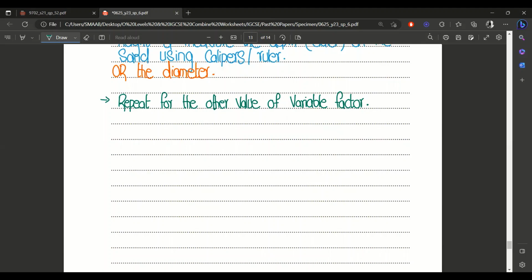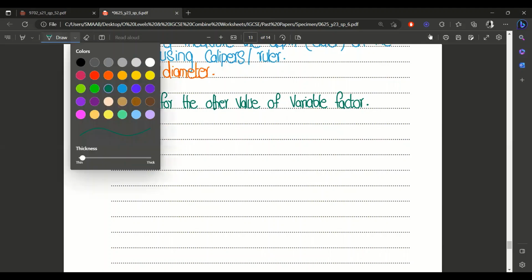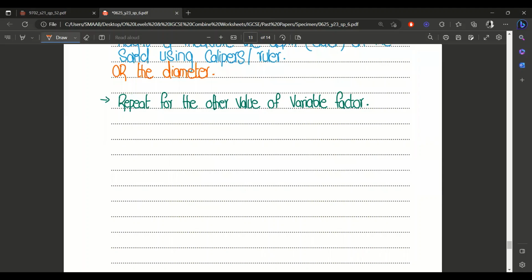So finally, we have to find the average value for all sets of readings.